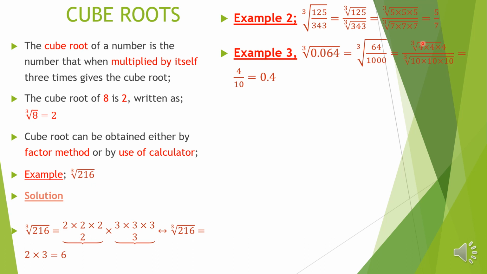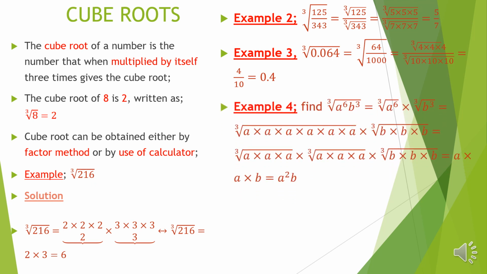Then we take 1 of the 4, and 1 of the 10, so we have 4 over 10, which ends up as 0.4. Therefore, the cube root of 0.064 is 0.4 using the factor method.